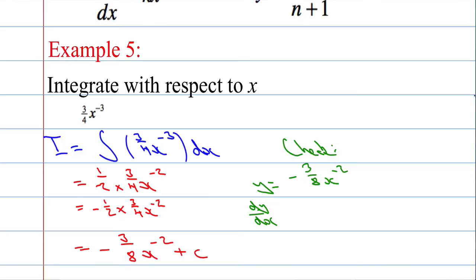So we're checking. dy by dx, negative 2 times negative 3 over 8 is going to give me positive 6 over 8, which would be 3 over 4, and reducing that power of x by 1, so negative 3. And the derivative of a constant is 0. So that works out nicely.